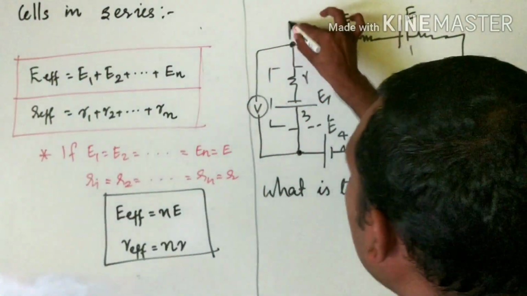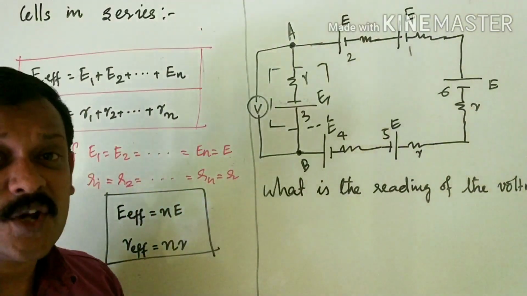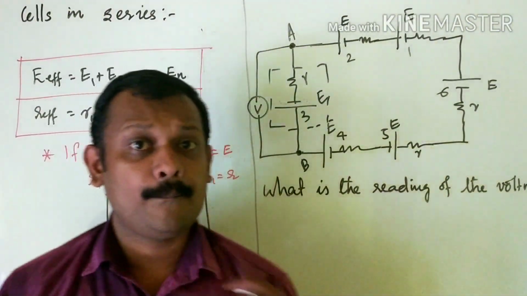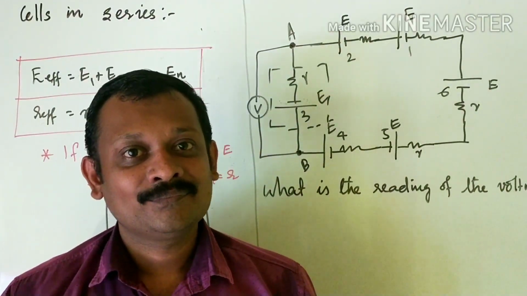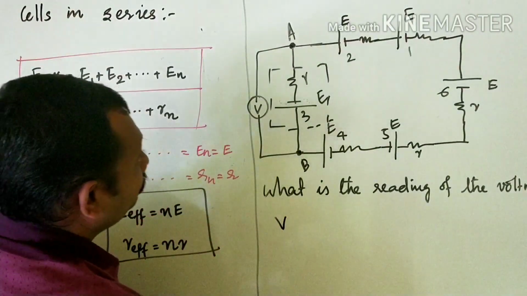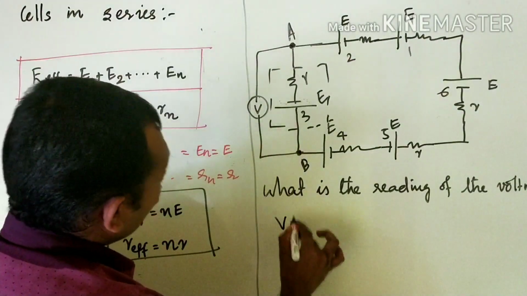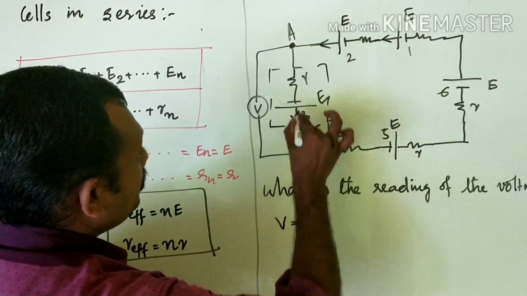Let me call them A and B. So A and B are the terminals of cell 3, right? Now the question is, what will be the reading of the voltmeter? Let me arbitrarily take the direction of current.